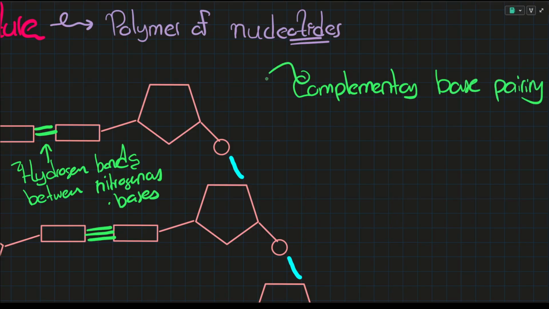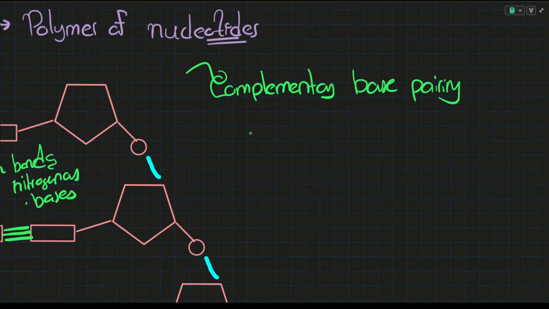Complementary base pairing. Remember how I told you that the four types of bases that DNA can have are adenine, guanine, cytosine, and thymine. These are the four types of bases. Now, there's a method to the madness. If adenine wanted to befriend cytosine, unfortunately, that's not possible.